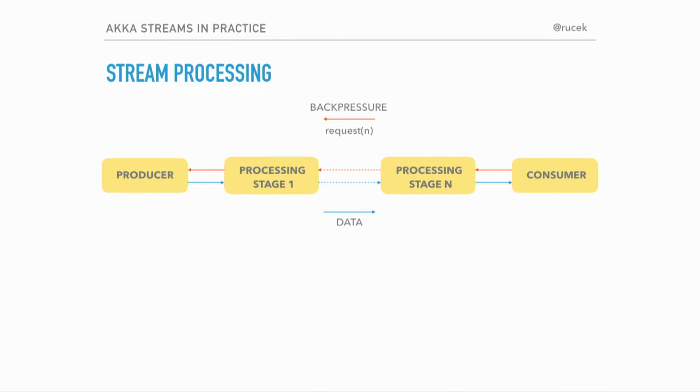So in the reactive specification, we have a mechanism which allows the consumer to ask the producer for a certain amount of data, and this way it's never going to receive more than it's actually able to process at a given moment.